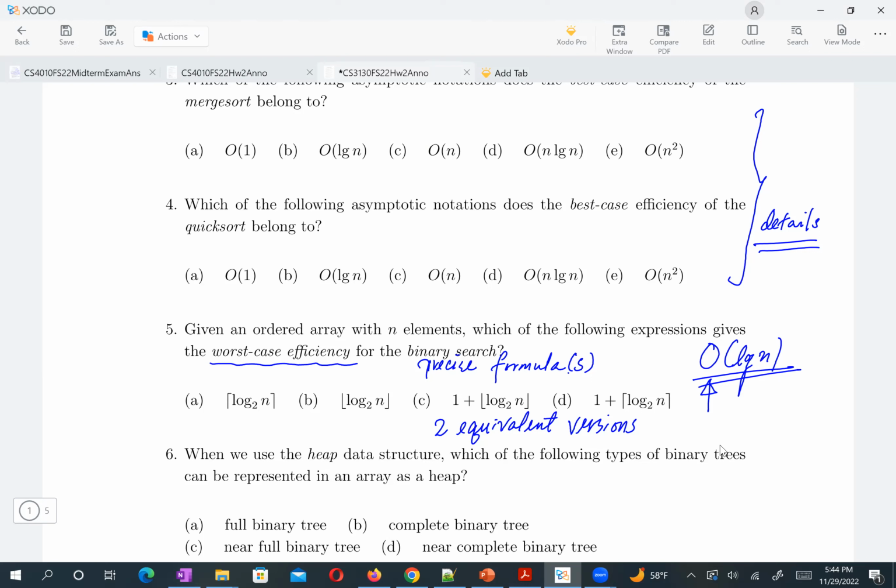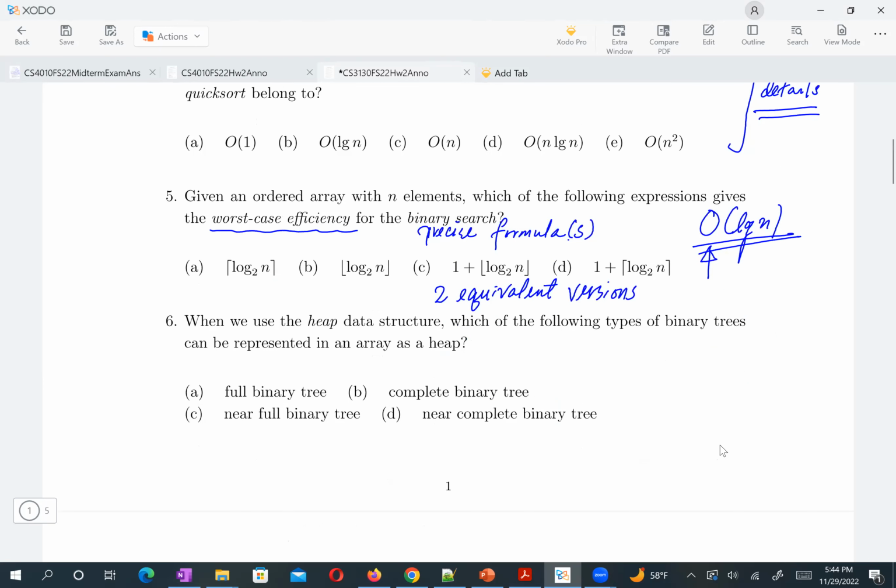The remaining three are close, but not correct, not exact. So you need to find exact formulas from our notes. All right, so that's this question.